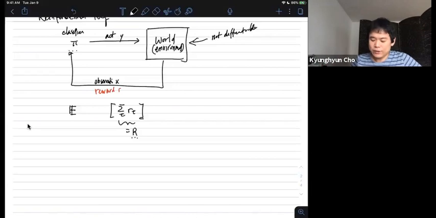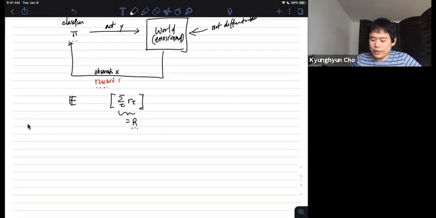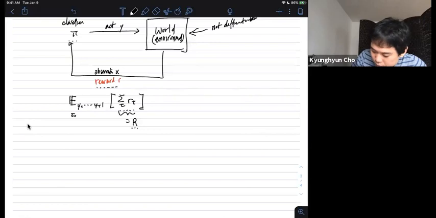So the reward is not differentiable, thereby the reward we get, or the sum of those rewards over time, is non-differentiable. And then we need to compute the expectation, and this expectation is over the series of choices that we have made.